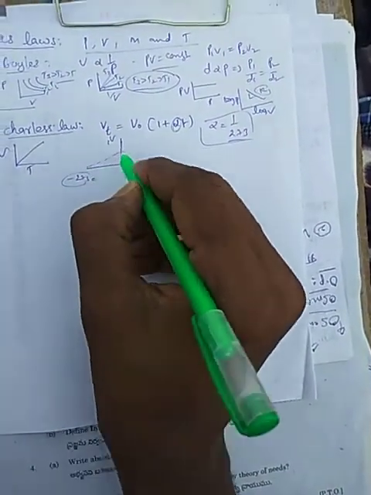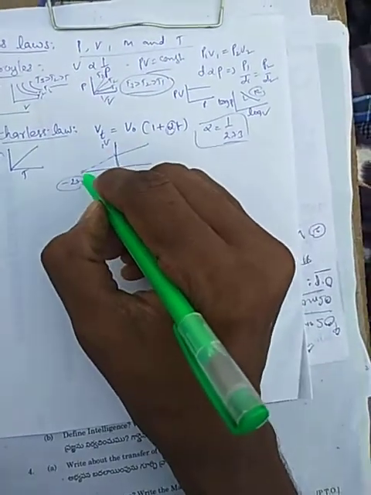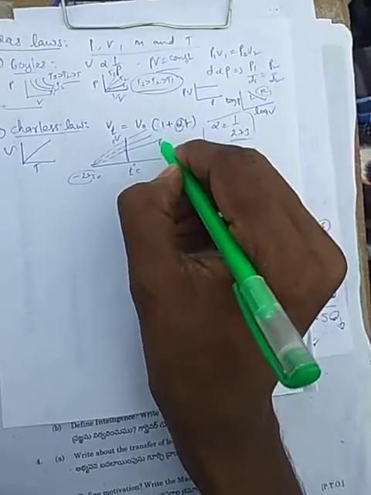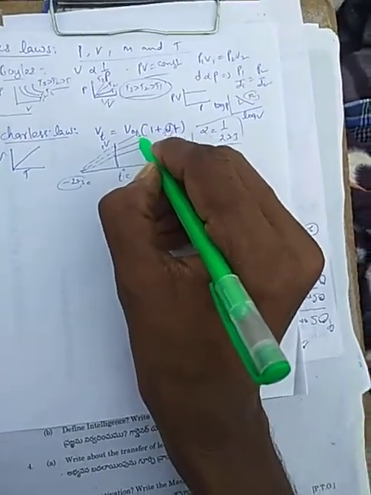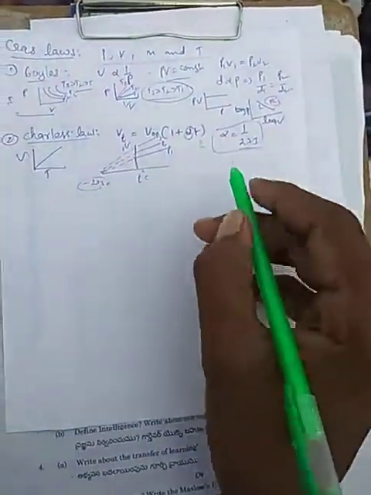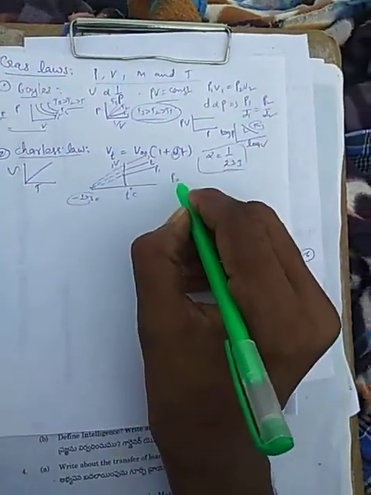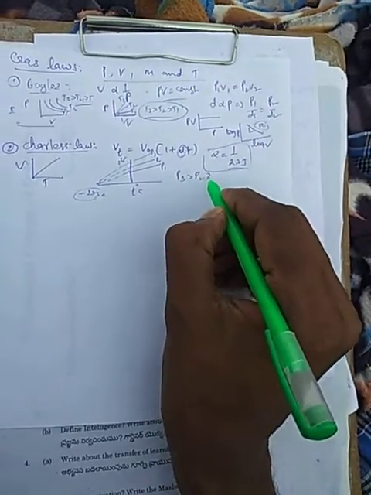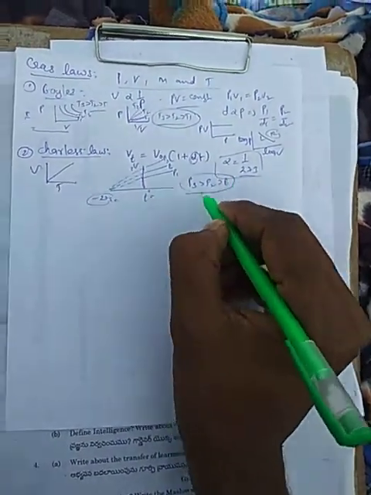Here we have pressures P1, P2 and P3. This is called isobars. P3 is greater than P2, greater than P1. These are the isobars according to Charles law.